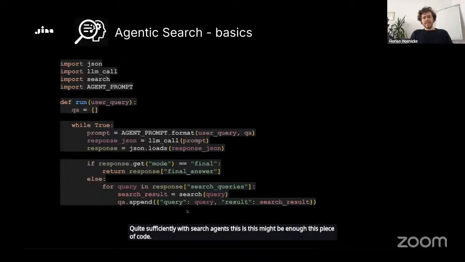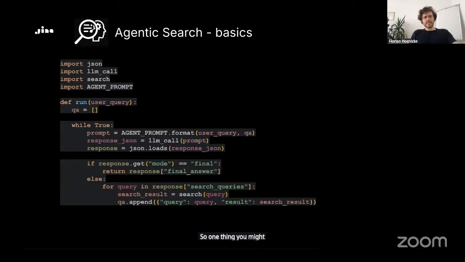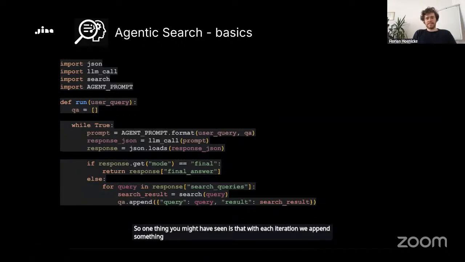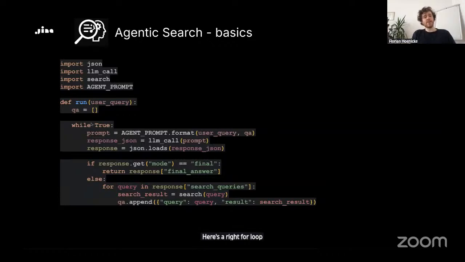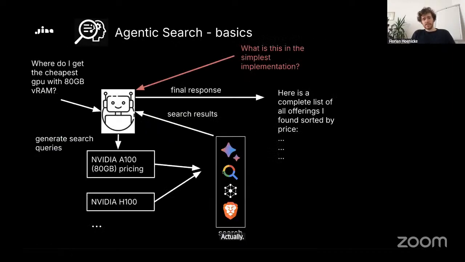So one thing you might have seen is that with each iteration, we append something to the question-answer pairs. Here's a while true loop, so this might run for a very long time. When we look here, you have multiple search engines.